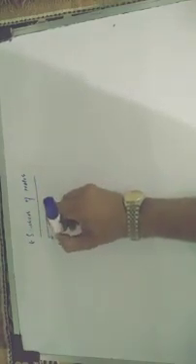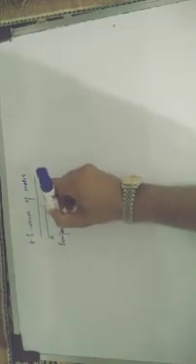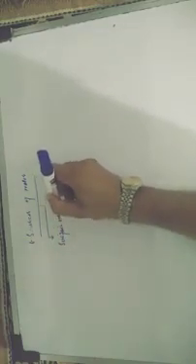surface water is the first source, and second is the underground water.